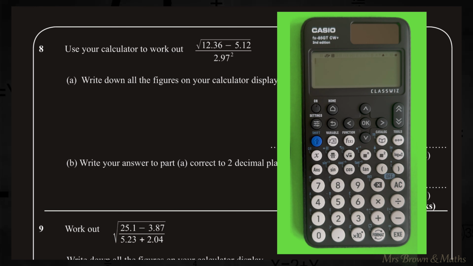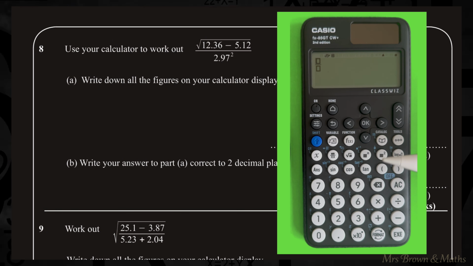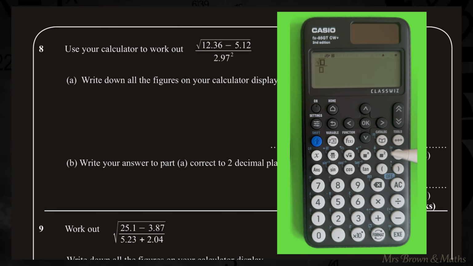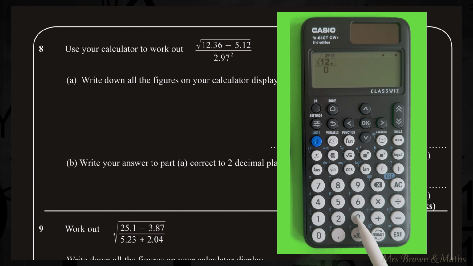Question 8. Again, that is fraction. Click fraction. Then on the top, square root and 12.36 minus 5.12.